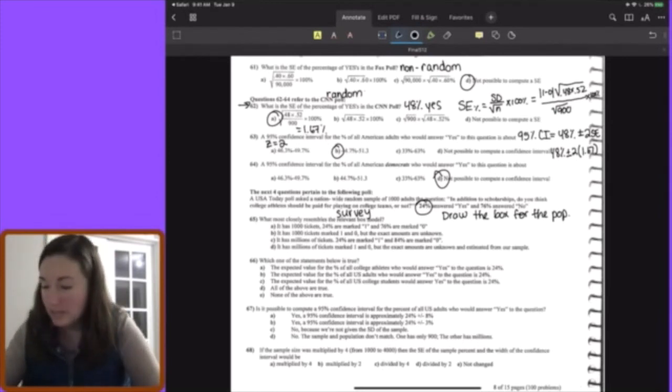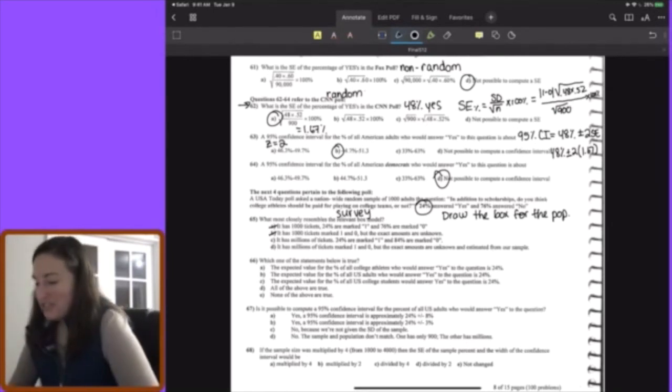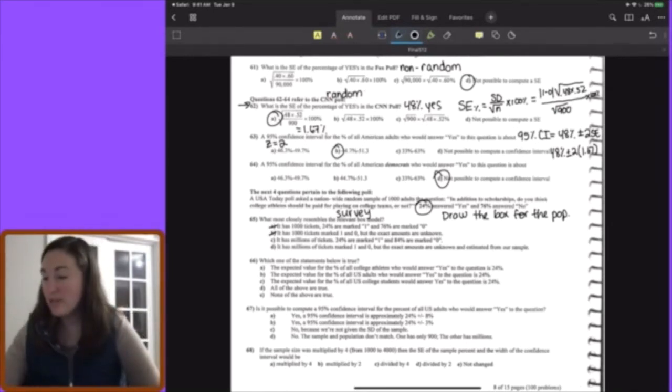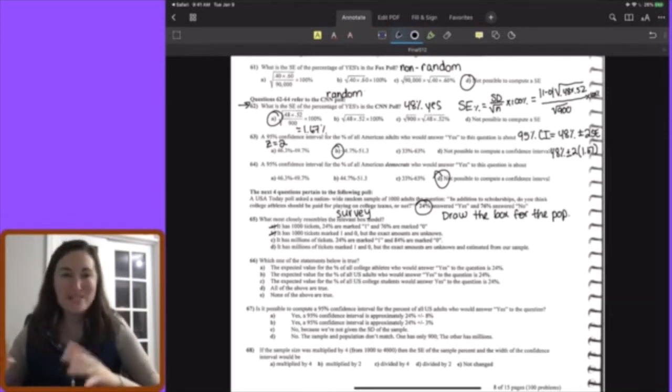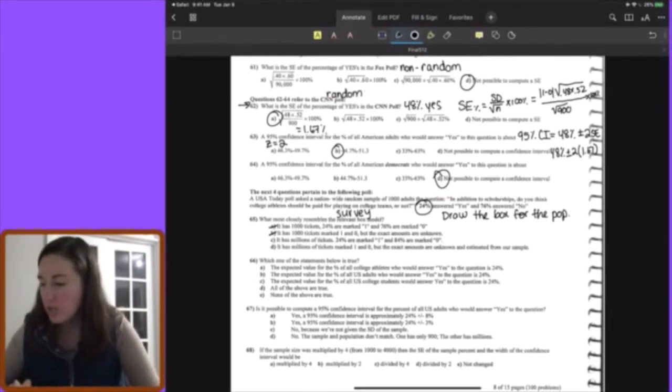So I know my answer is either going to be C or D, but the question is, which one is it? We got 24% in our sample. The whole population, that's what we're trying to estimate. We don't know the exact percent. So whichever one of these says basically the exact percent is unknown, which looks like D. C is too definite. It says there's exactly 24%.